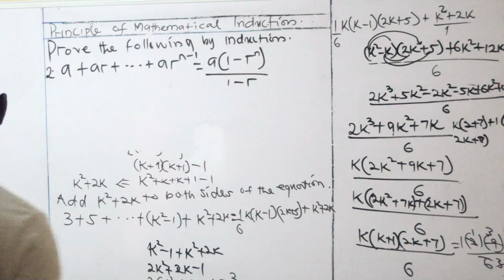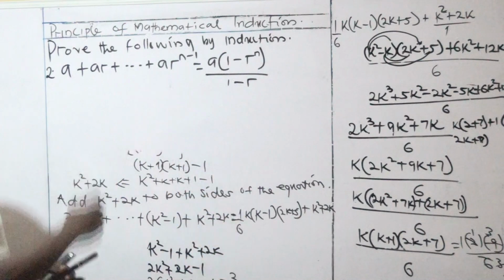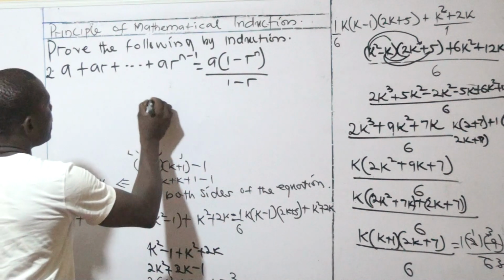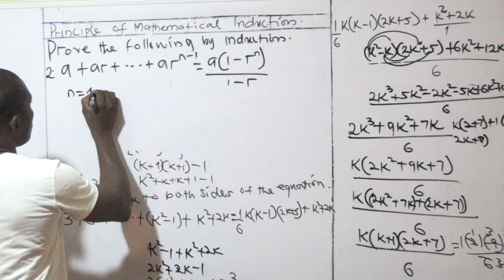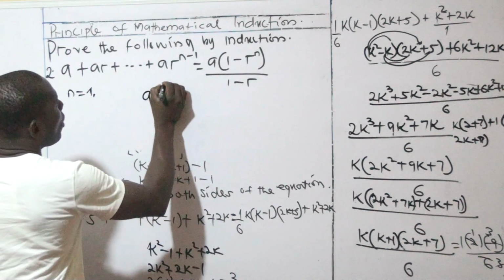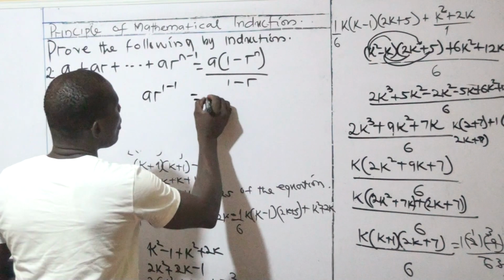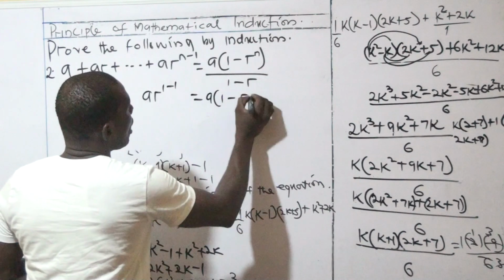Like what we said, the first thing we have to do here is to see that both sides are the same if n is equal to 1. So let's do that. Here we have n is equal to 1. So here we have a r^(1 - 1). Here we have a(1 - r^1) all over 1 - r.